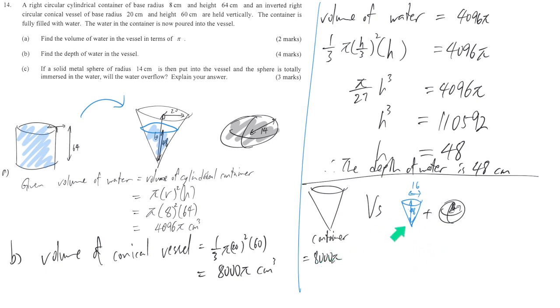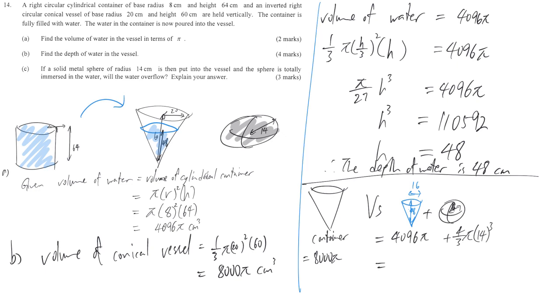This one is fixed, and our target is this one now. So simple. 1/3 pi r squared h, where r is 16 while the height is 48, plus 4/3 pi r to the power 3, where r is 14 from the question. You don't even need to calculate again because we already have the volume of water, which is 4096 pi.